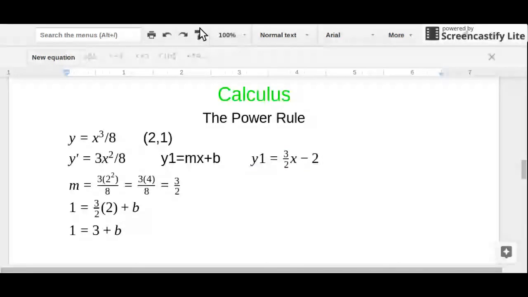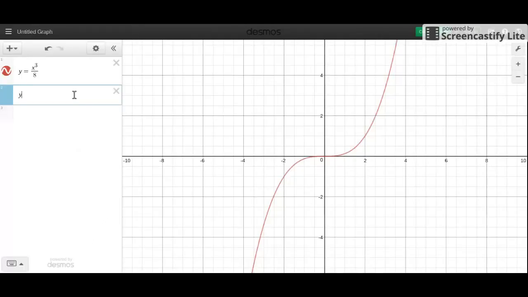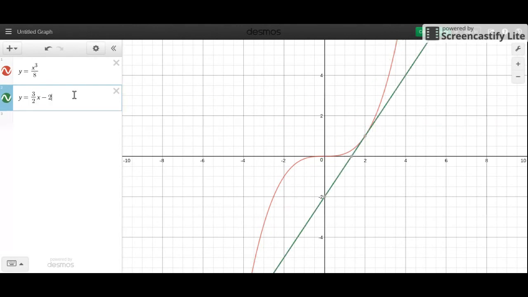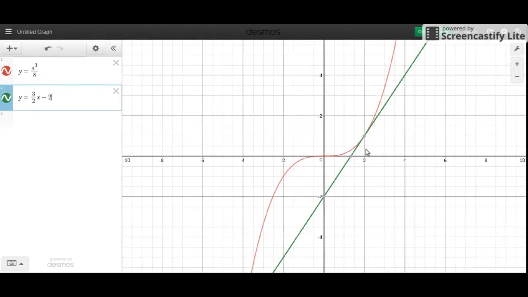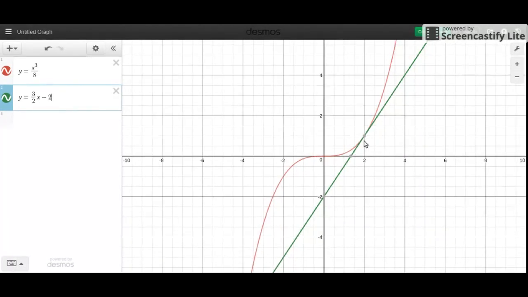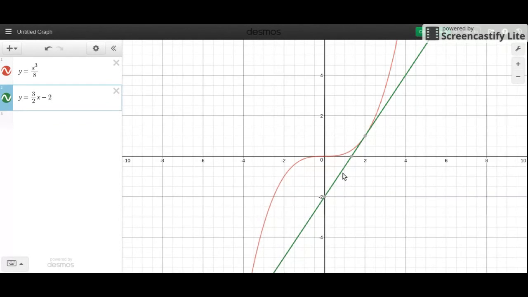Let's go up here and graph this real quick. As you can see, that nicely graphs. The graph of that, green here, is our tangent line at the point 2, 1.